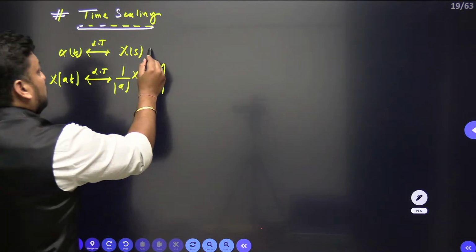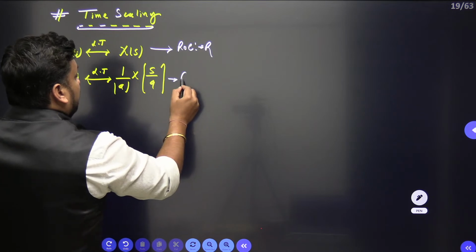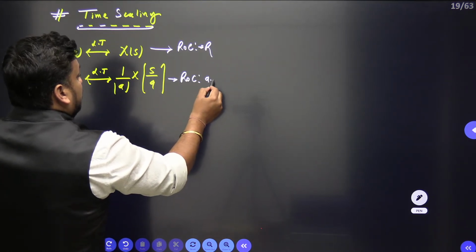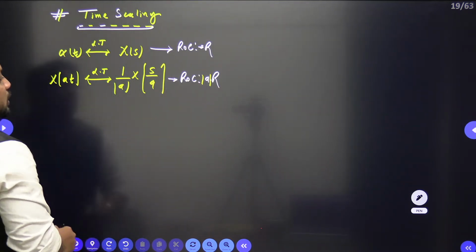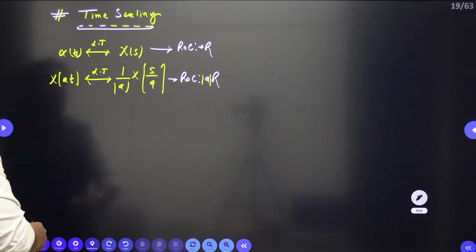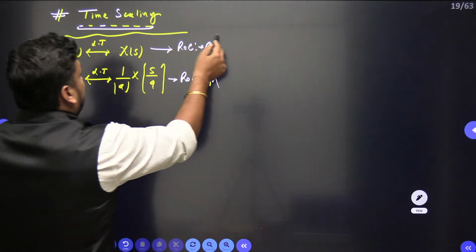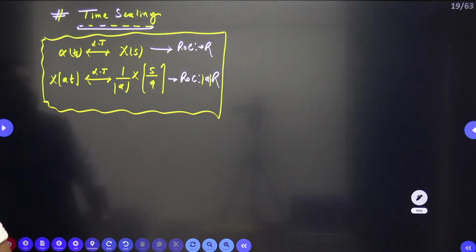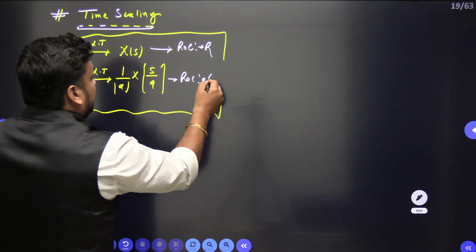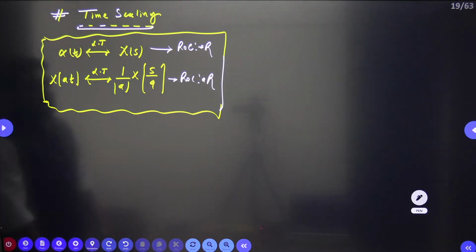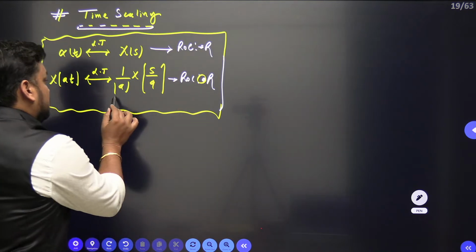And if I talk about the ROC, if X(s) has an ROC equal to R, then here its ROC will be a into R, or you can say mod of a into R, because in the ROC we are taking the sigma. We'll check the example also. So the ROC is a multiple of a into R.